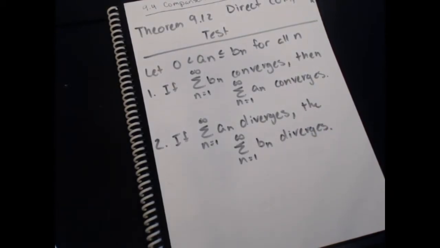The reason I say that this might be easier in some aspects is because if you look at examples, really you just need to determine one of them. If you determine one of them, then you know both of them. So you're not having to do a ton of extra work. You're literally just trying to determine one series.